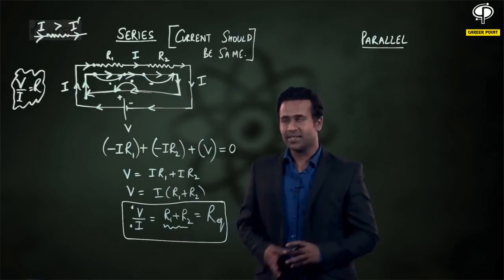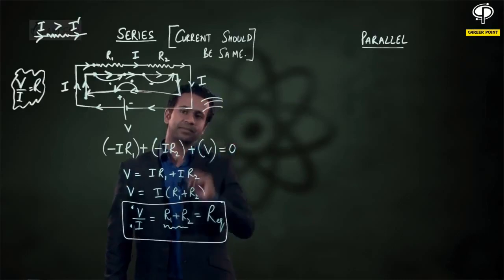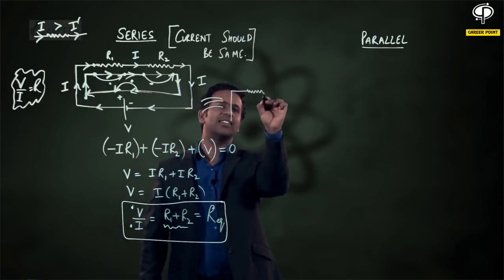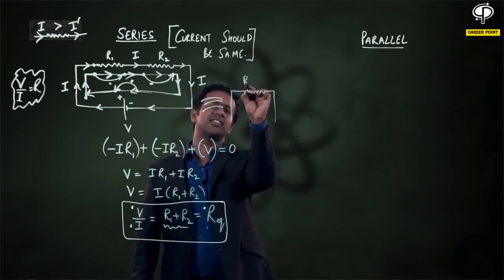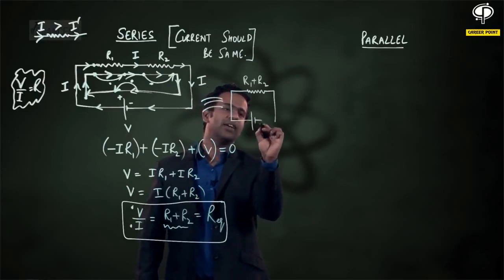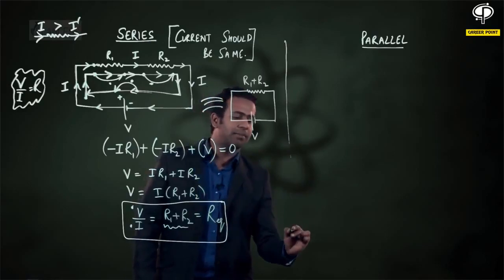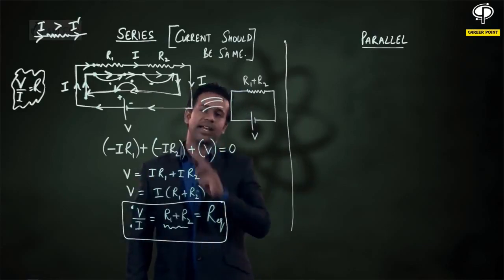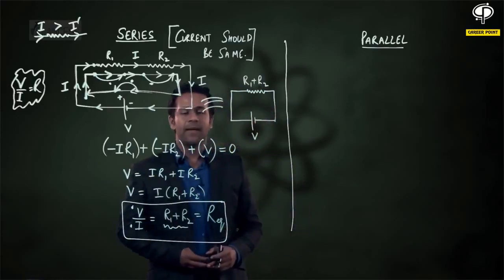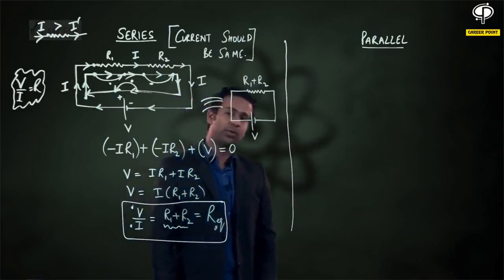Now what this means is that this given circuit can be simplified to this circuit, which is that we can have a single resistor which has resistance R1 plus R2 connected to a battery of potential difference V. And the behavior of these two circuits will be exactly the same. And this is what we mean by saying that the equivalent resistance is R1 plus R2.